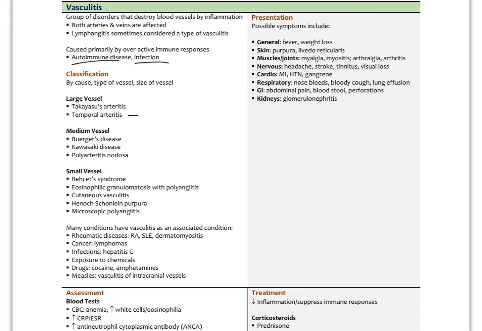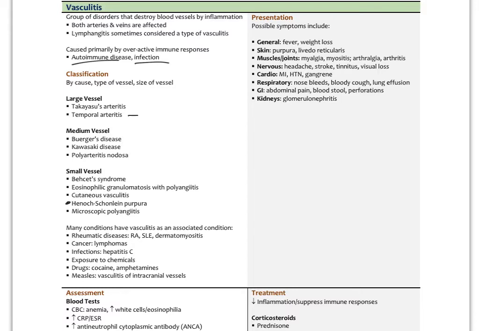So patients who present with a temporal headache, where you press on that area of the temple, and it's very, very sensitive. Typically, these are older patients. They might have some underlying autoimmune disease, and they're going to be at much higher risk for that. So that's temporal arteritis. Medium vessel disease would be like Berger's disease, Kawasaki disease, polyarteritis nodosa, and then small vessel, I won't go through this, but a common one here is Henoch-Schönlein purpura.